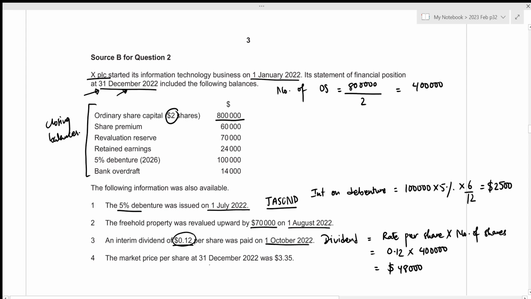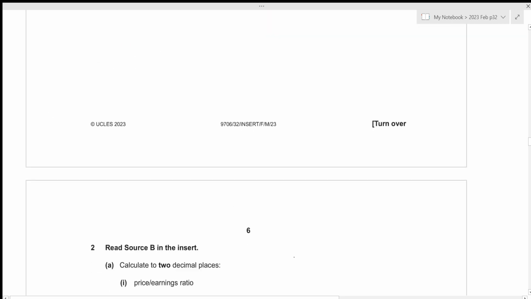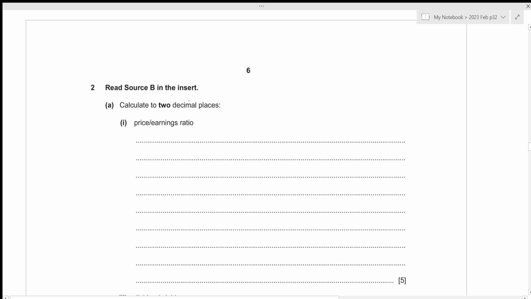Alright, then the market price per share at 31st December 2022 was 3.35. Let's have a look at our first question. We need to calculate to 2 decimal places the price earnings ratio. So this is just going to be our market price per share divided by our earnings per share.